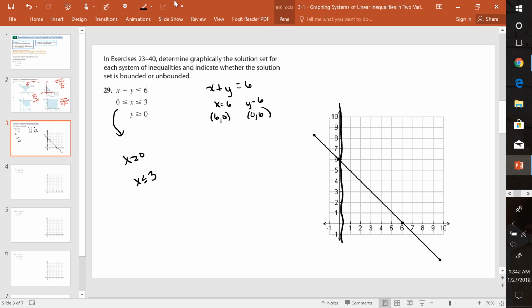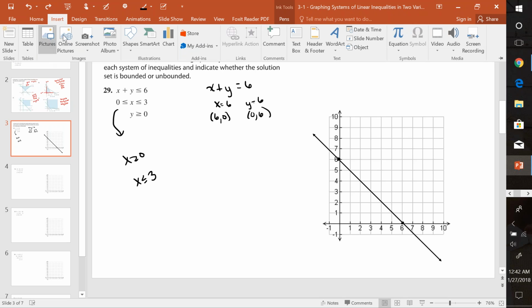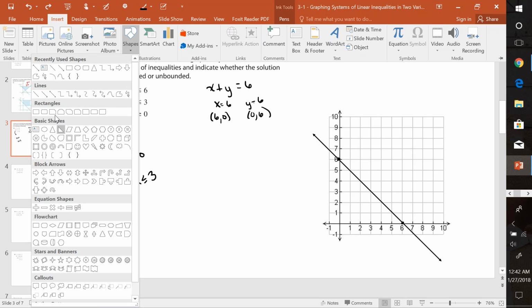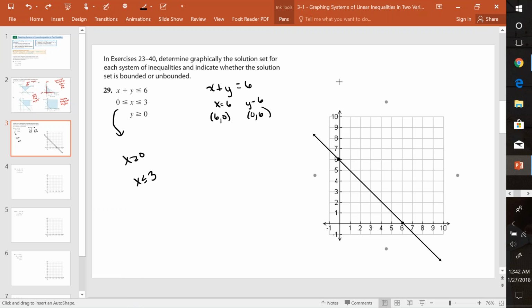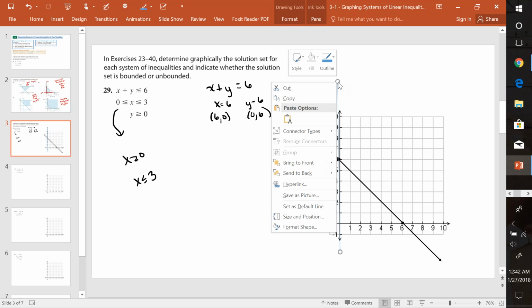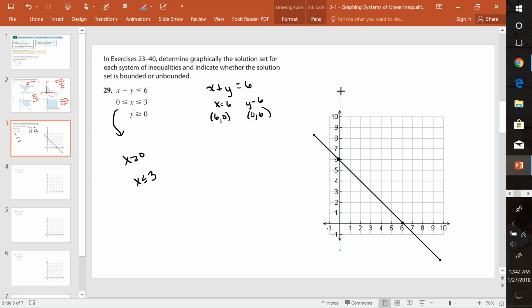I should just not draw. Let's use a line again. So I'm going to grab another line. If it'll let me. Hang on just a second. There we go. So there is x is, and for some reason it's not wanting to cooperate. There we go.